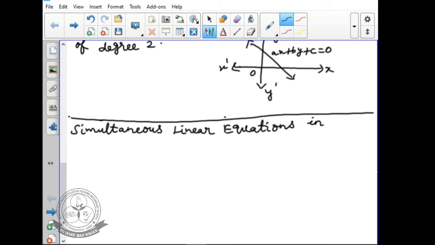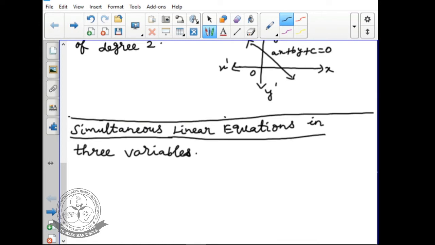Two variables we already saw in 9th standard. In 10th standard we are now going to see three variables. Simultaneous equations in three variables. The same definitions.